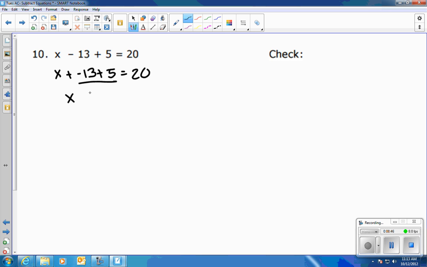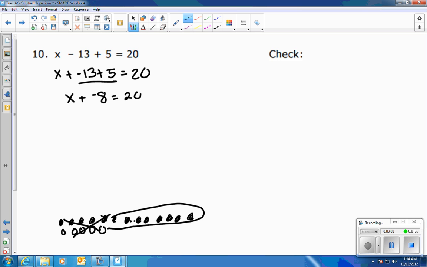So negative 13 and positive 5 is actually going to give us negative 8 left over. Because if you think about your counters, having negative 13 and having positive 5 on the same side makes all of this go away, and you have this left over.